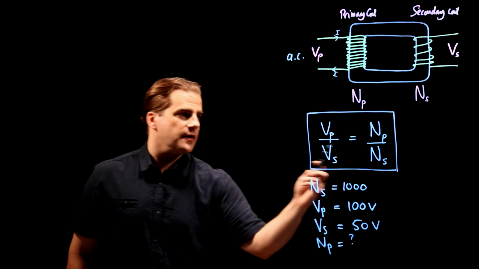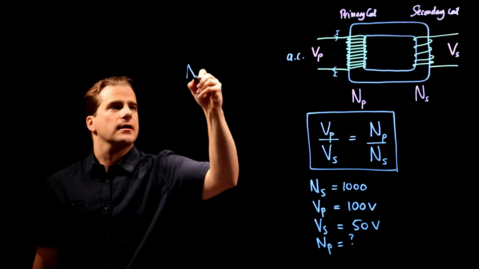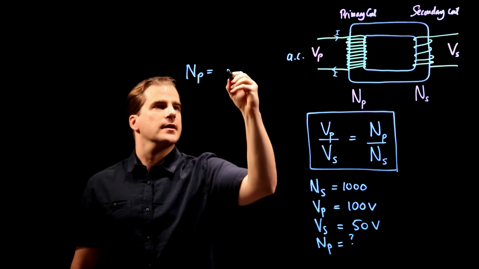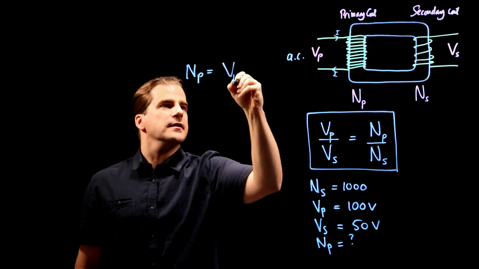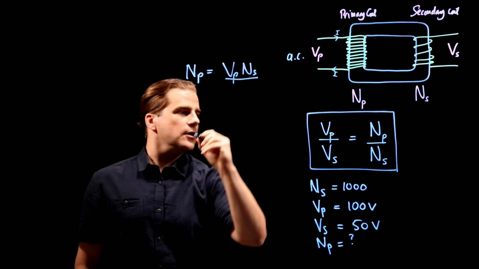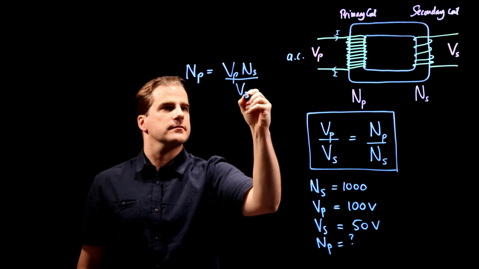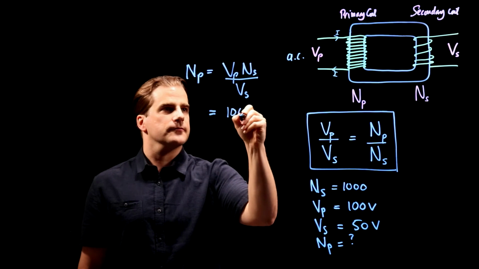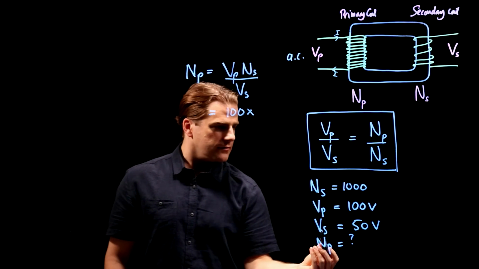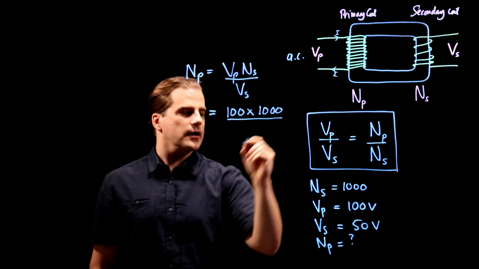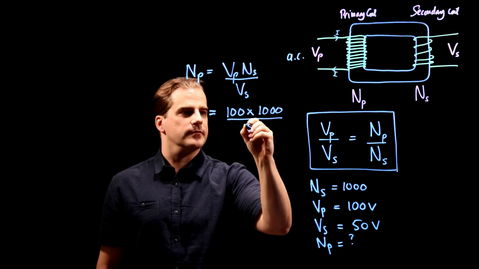Let's work out the number of turns on the primary coil. Well, rearrange that equation, and Np is Vp times Ns all over Vs. So that is Vp is 100, Ns is 1,000, and Vs is 50.